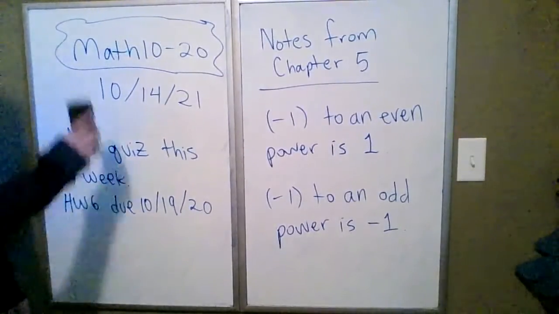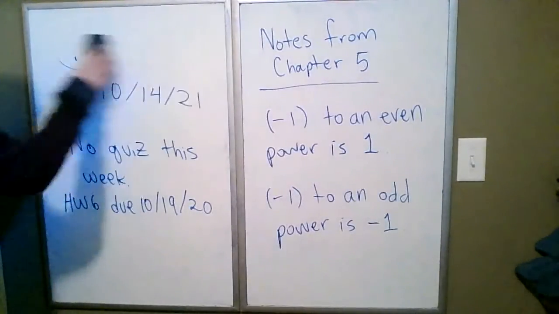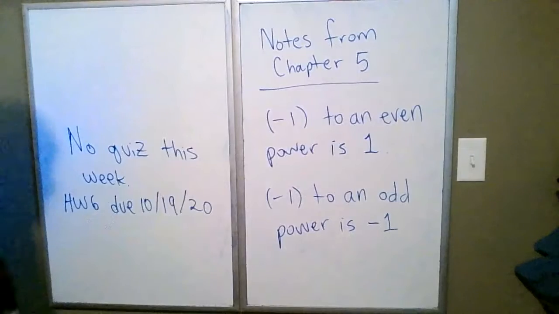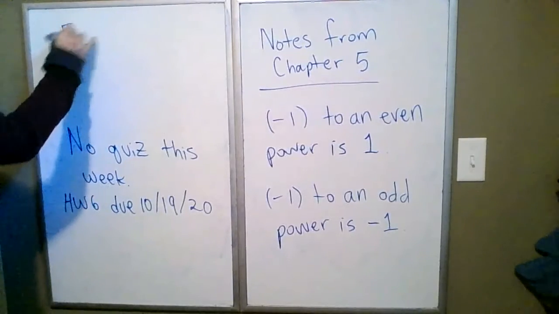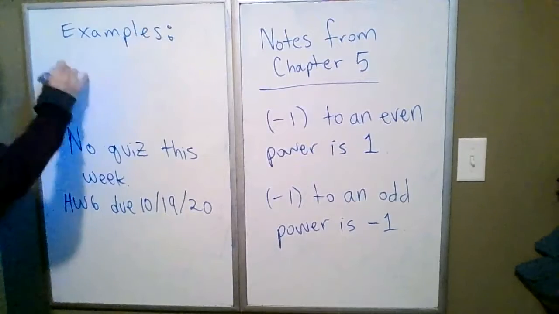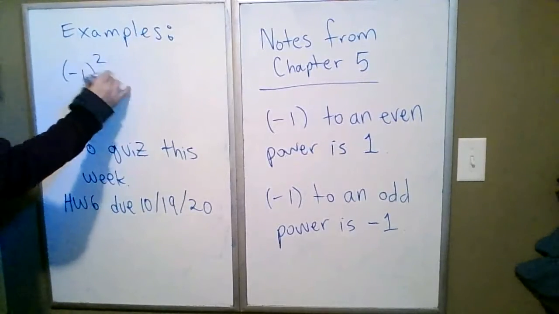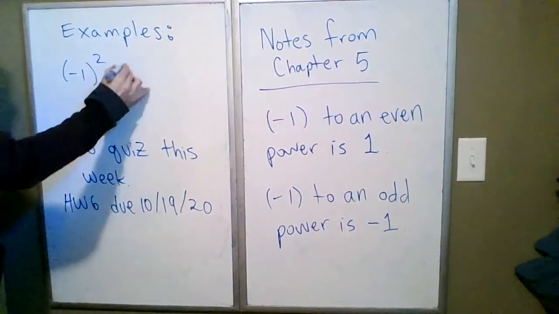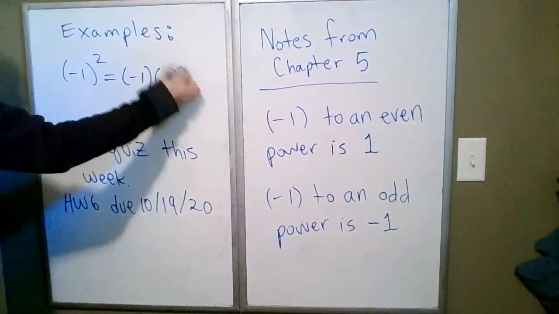We're going to start with -1 squared. Just expand: -1 multiplied with itself 2 times.